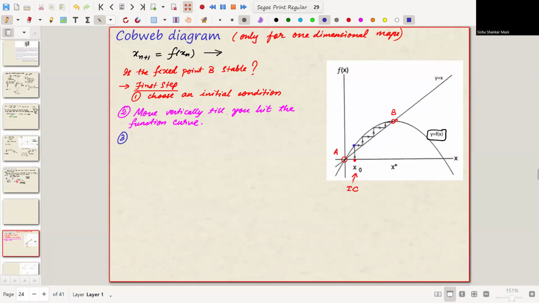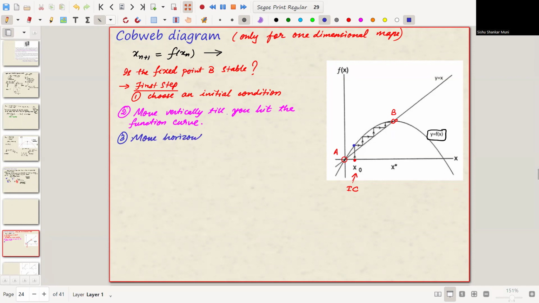Now, the third step. What do you have to do? Can you tell me based on the figure? You have to move horizontally. Follow the path.